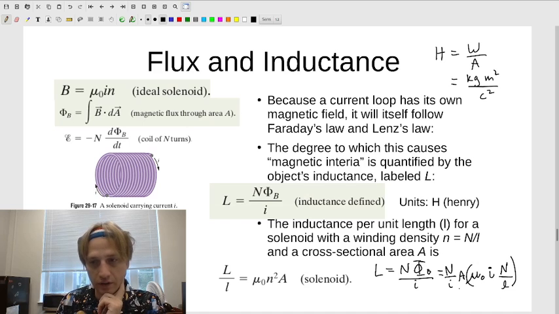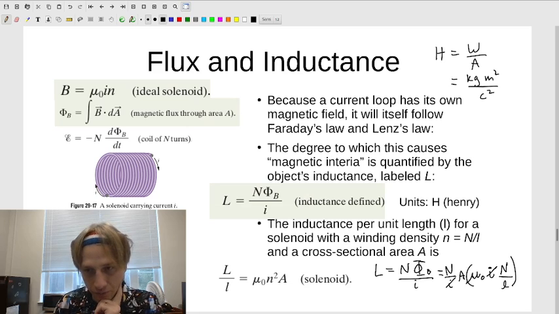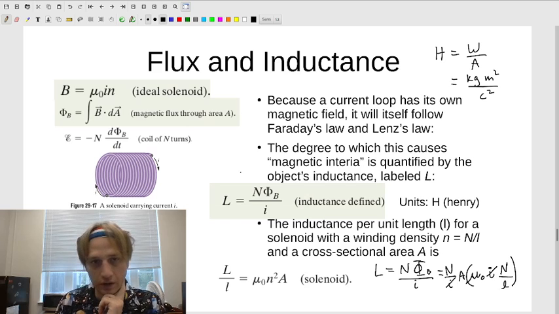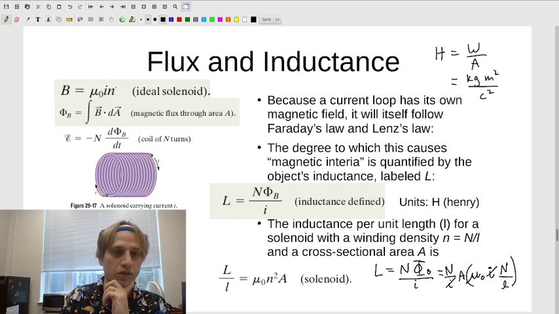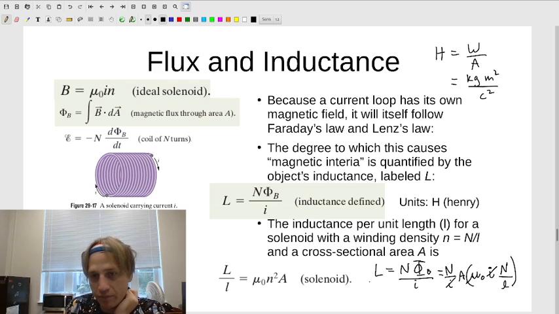All right. Now, you'll notice that the current cancels out. So if I'm looking at this for a solenoid, we like to express things in a solenoid in terms of current loops per unit length. And so let's divide both sides of this by the length.